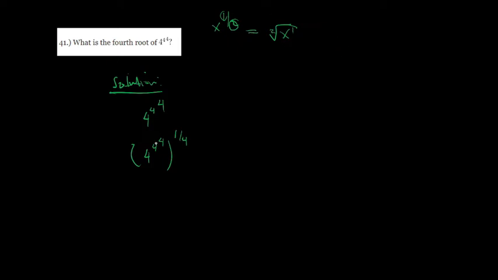So, back to this. This is the exponent. The base is 4 and the exponent is 4 to the 4. Then we have 1/4. One of the laws of exponents says that if we have a to the power of b, and you raise that to the power of x, that is simply a to the power of b times x.